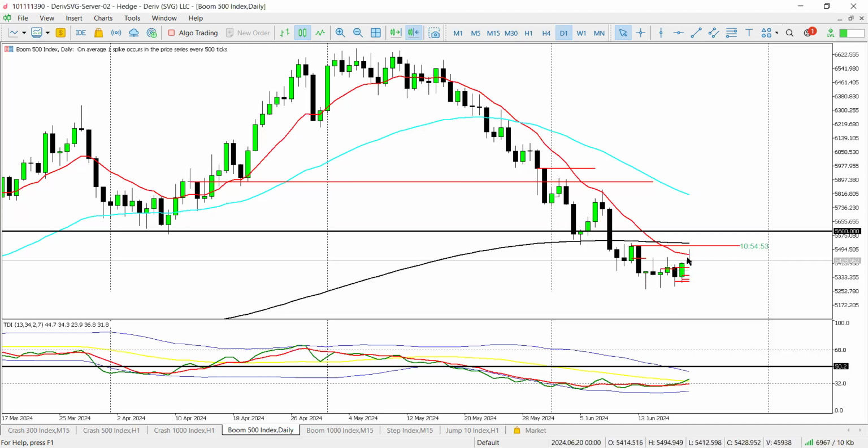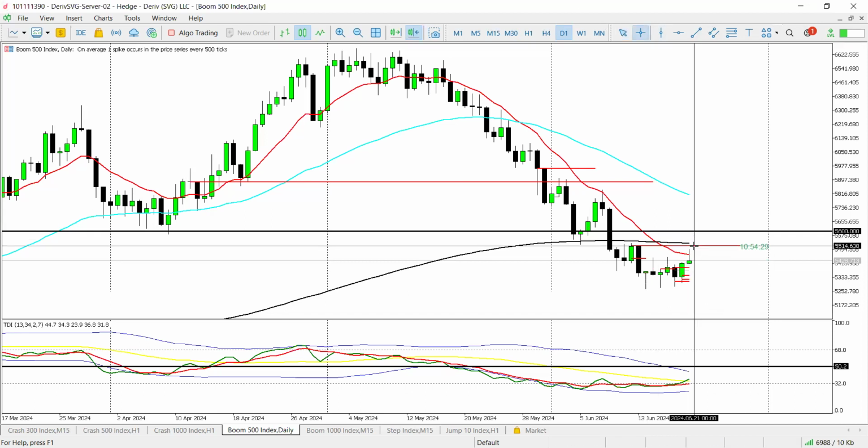So if you notice, price hasn't really tapped into 55.15, which gives me that bias that price might still push up there. But at the same time, if you notice, we are rejecting the 13 EMA, which is a dynamic resistance. So two things can happen here. This price can push up to 55.15. That's a very possible play.